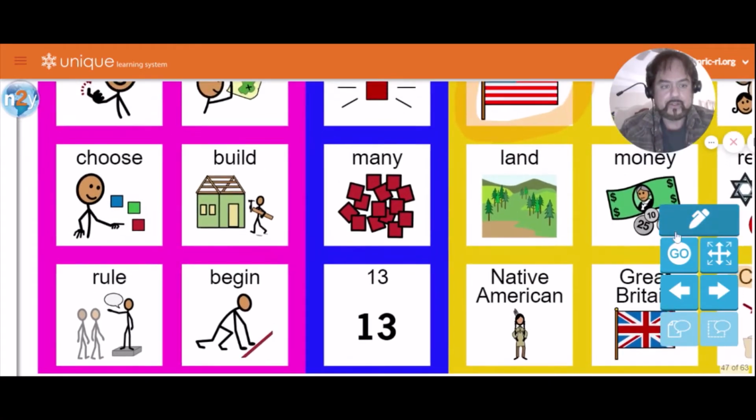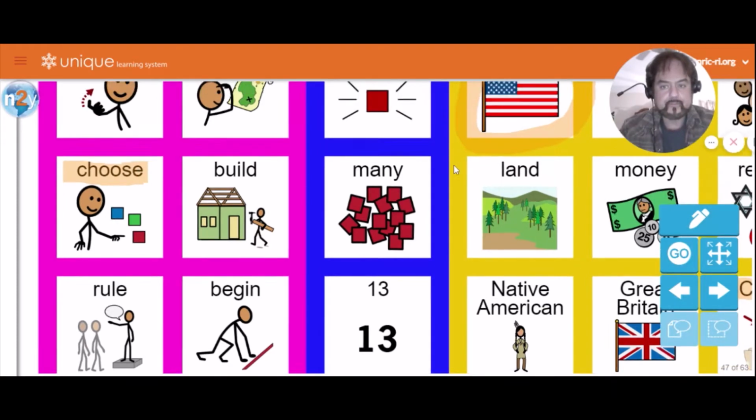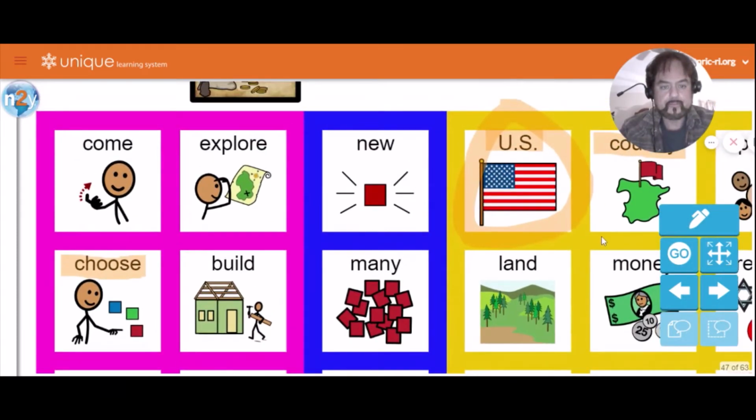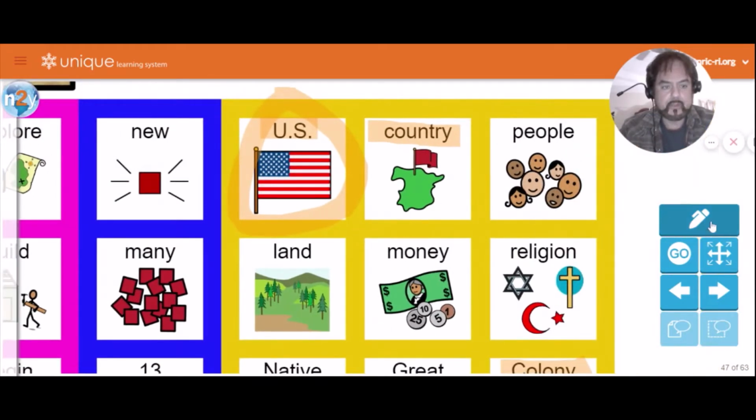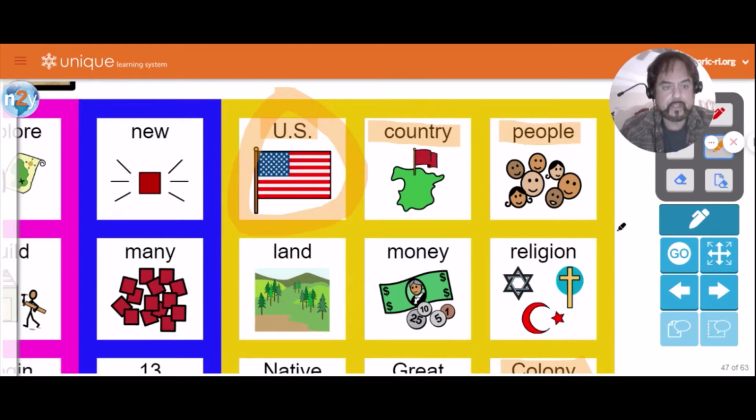Let's see. Choose. That's an important word. It's important to be able to choose. People. We have all types of different people in the United States, people from different countries originally, people who all look different and are different and act different.